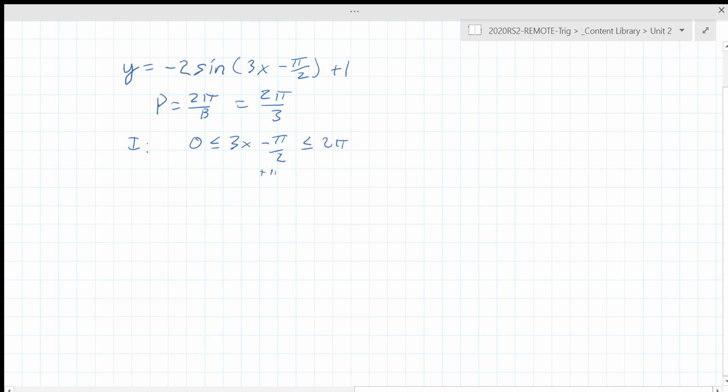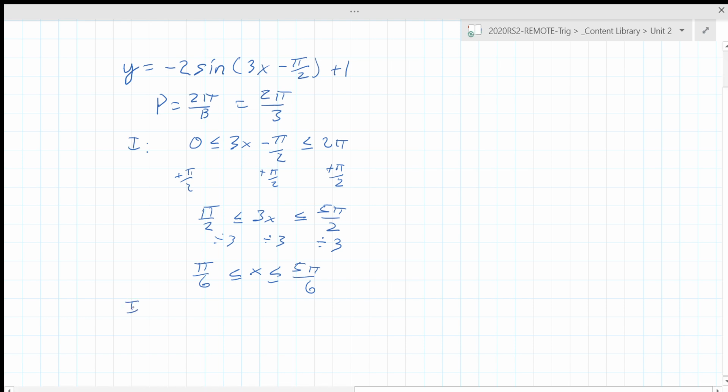And we'll start by adding pi halves to each side. And then we're going to divide all the sides by 3. And there's our interval, pi over 6 to 5 pi over 6.